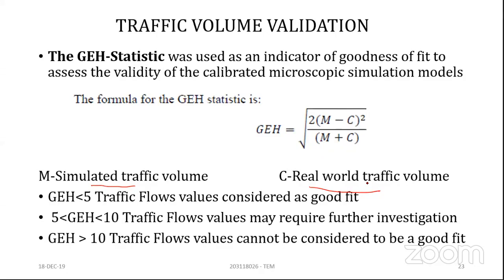It is the most widely used indicator for checking the goodness of fit of your microsimulation model. In particular microsimulation studies, you can see the GEH statistic value. If the value is less than 5, then the simulated traffic flows are a good fit. If it lies between 5 and 10, it indicates that it requires further investigation. If it is more than 10, the traffic flow values cannot be considered a good fit.